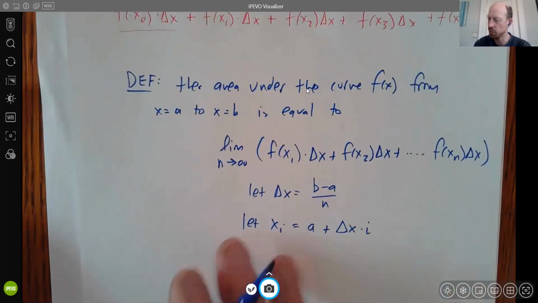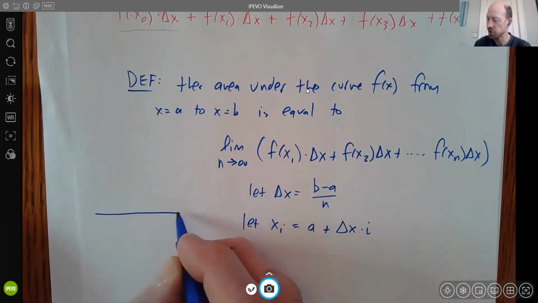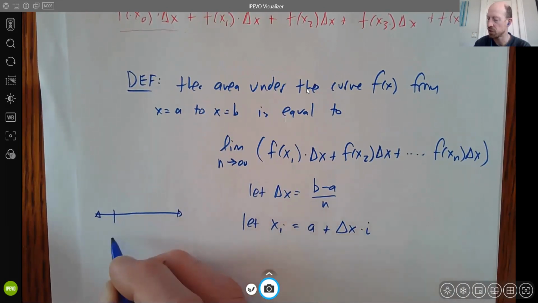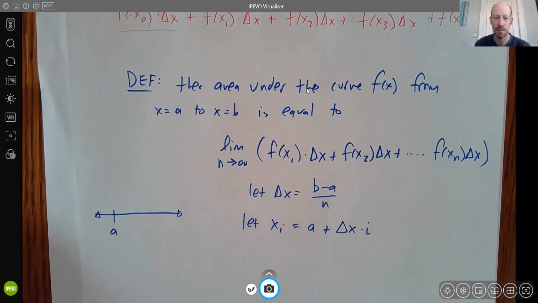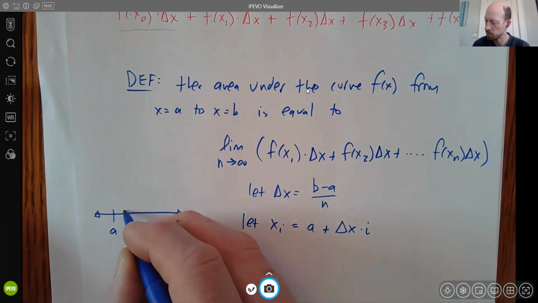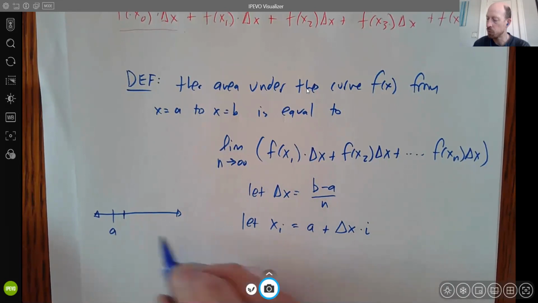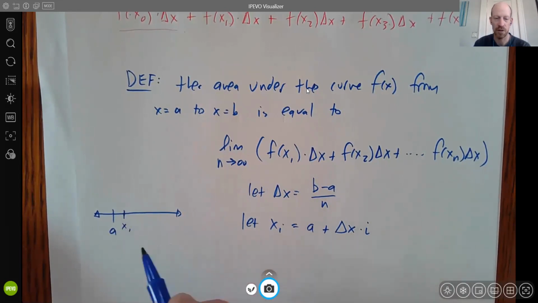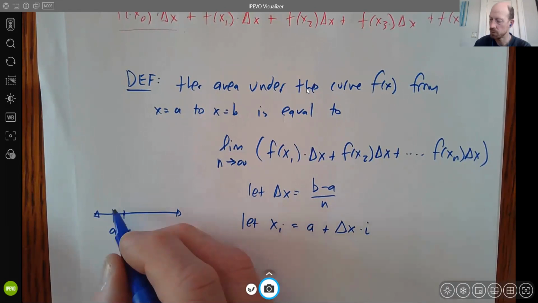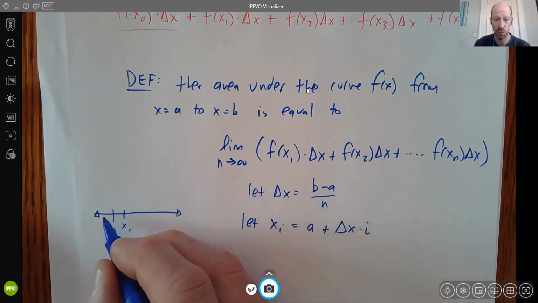So if we sort of imagine that we're moving along this partition, this is a. x sub 1 is right here. It's like the next one. x sub 1 is going to be a plus delta x. So delta x is the width, right?